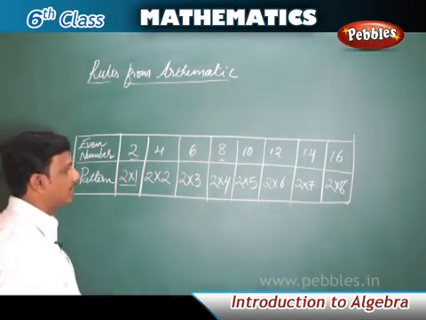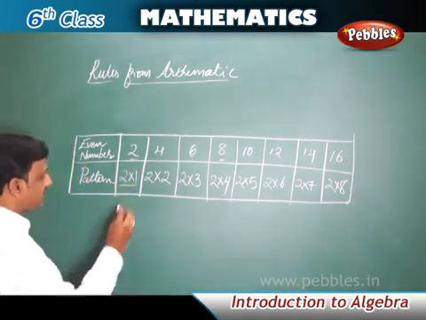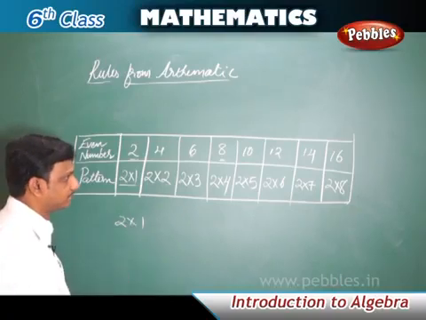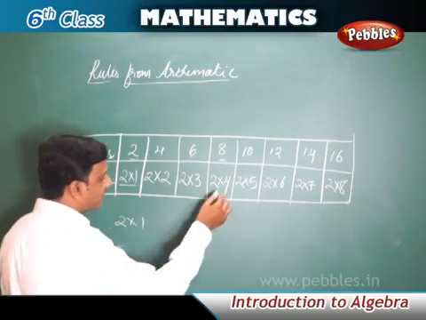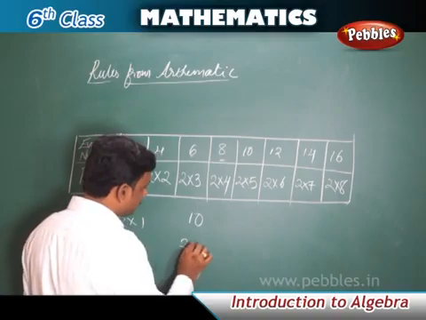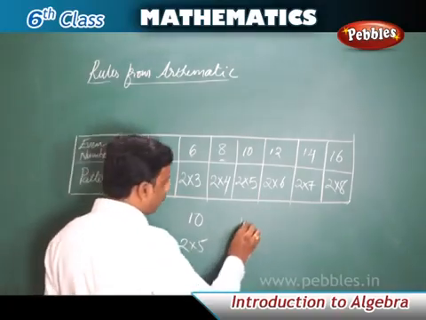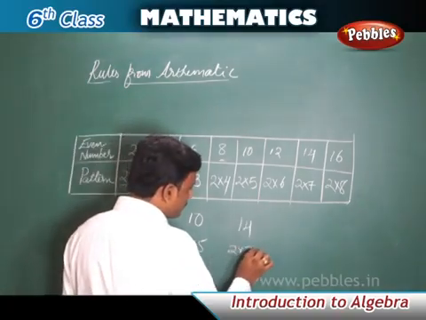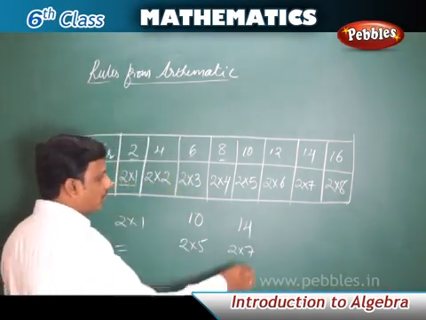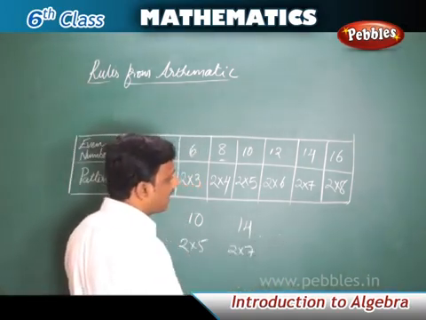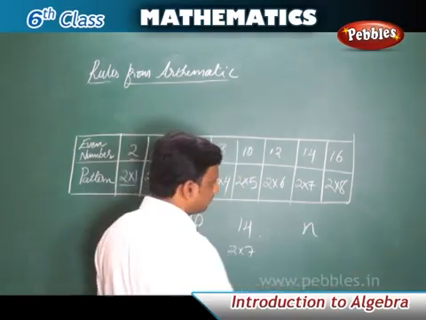From this table we can understand that the first even number is 2 into 1. The pattern for the even number 10 is 2 into 5. For the even number 14, 2 into 7. So we can write this pattern for any number. For the number n, what is the pattern?